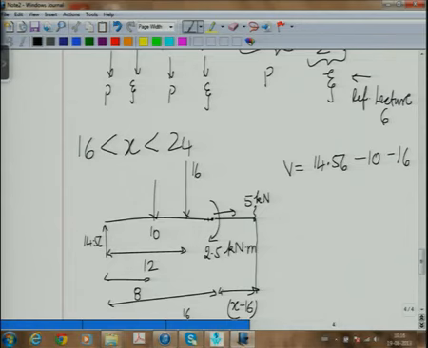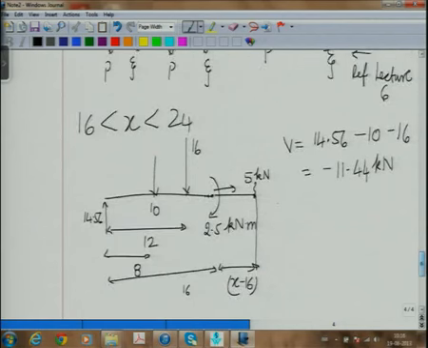And what will it turn out to be equal to? Minus 11.44. Is it surprising? No, because at the end the reaction was also 11.44, and that is because at a fixed support the reaction should finally be equal to the value of the reaction.